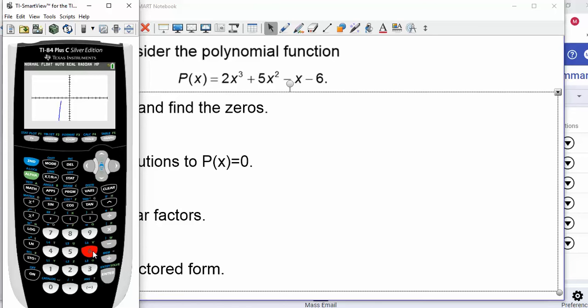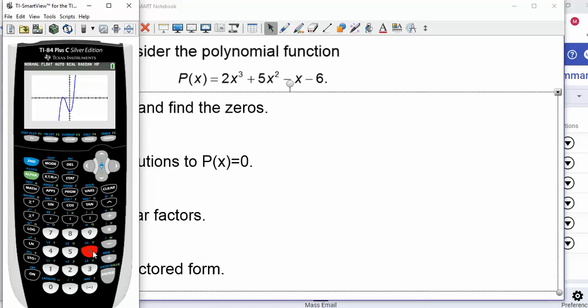How many zeros would we expect this to have? 2 turning points, but the most zeros it could have would be, the degree tells you how many it can have. Now it doesn't have to have that many, but that's the most.